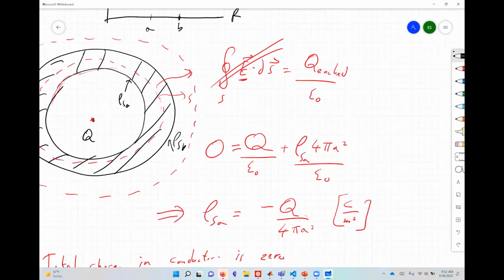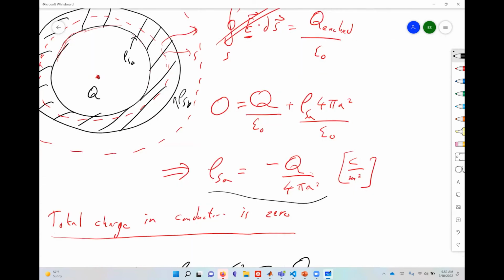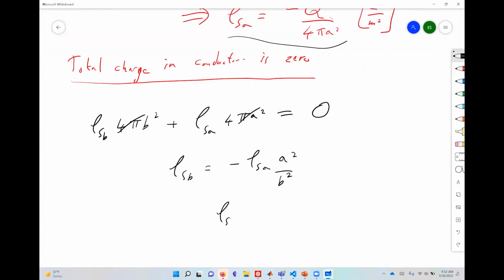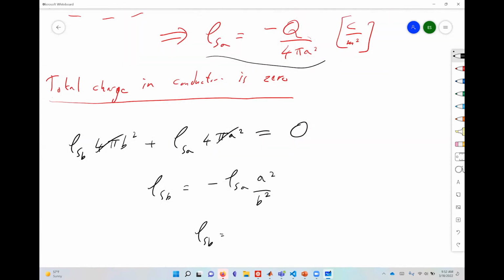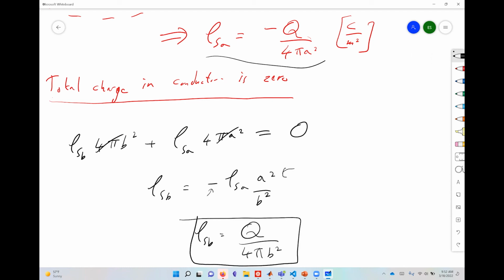I already know what rho SA is. So rho SB equals, and there's a minus sign here, so this cancels. This becomes Q. 4 pi A squared cancels with this A squared, and I end up with B squared. So this is rho SB. So I found the electric fields everywhere, the potential everywhere, and charge distributions everywhere.